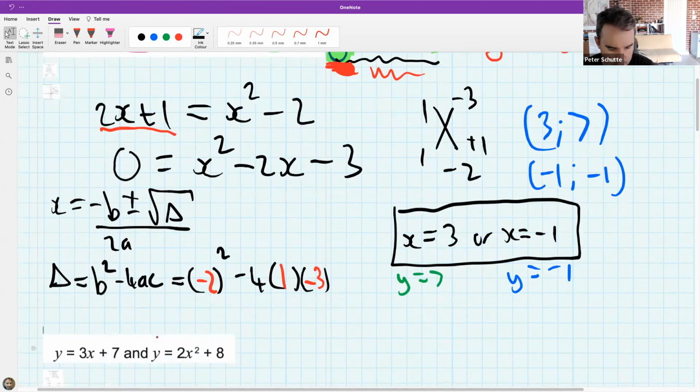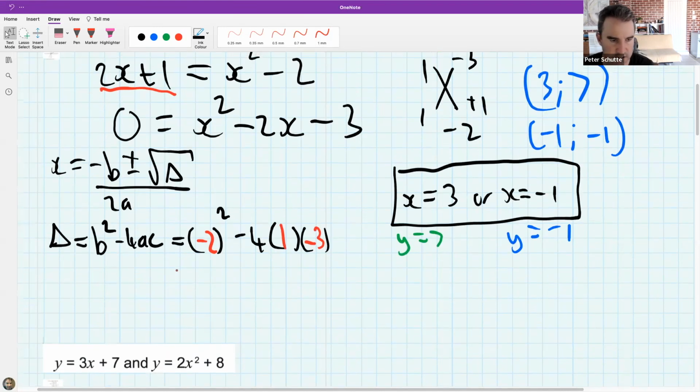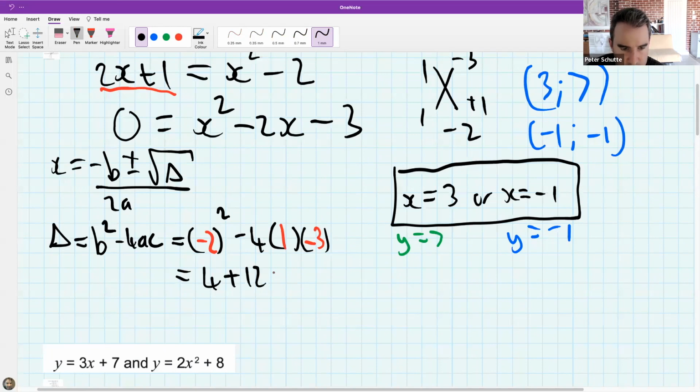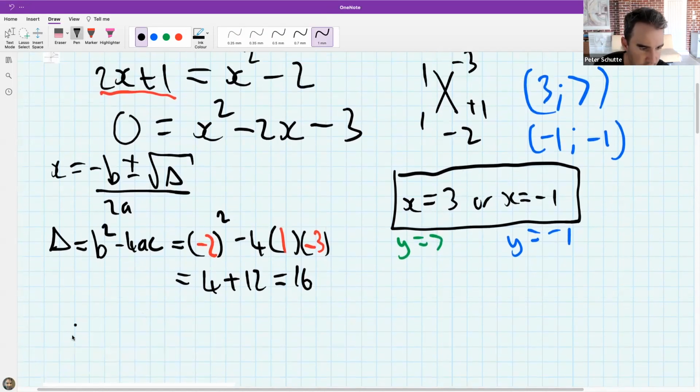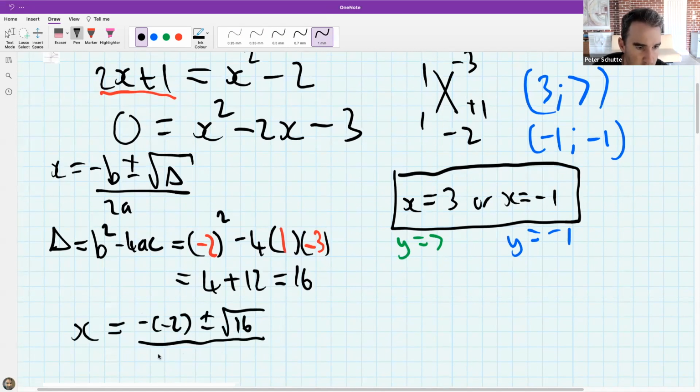And then find what delta is. That's 4, and that is plus 12, so we get 16. We're not done. Now we still have to get the roots of the equation. So x is equal to minus b, so -(-2), plus minus the square root of 16 over 2 times 1.